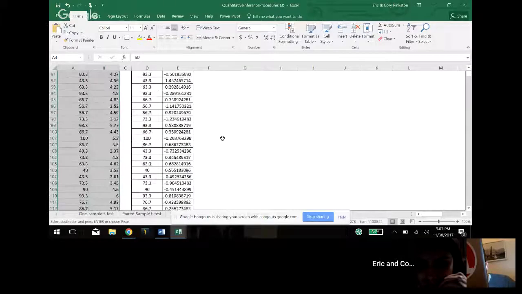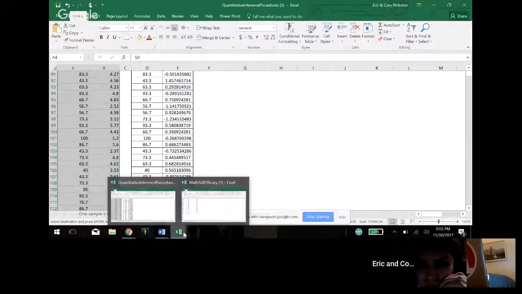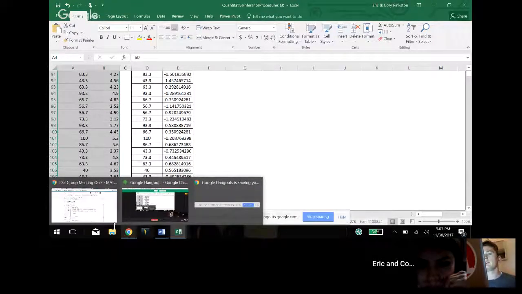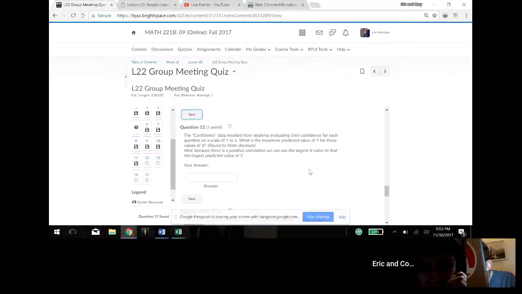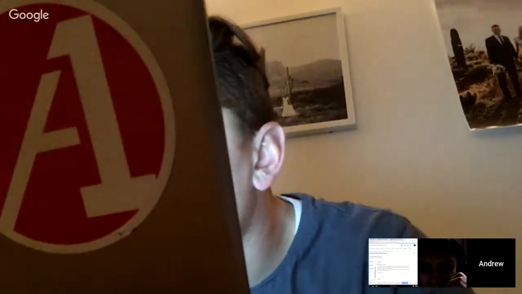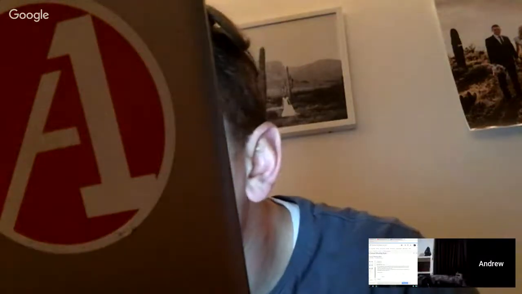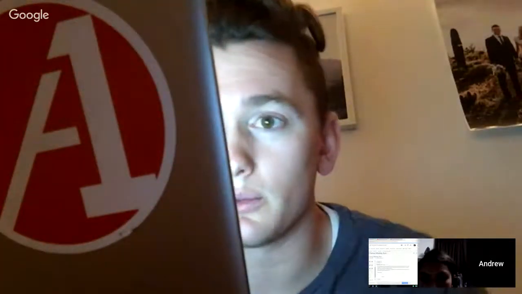Well, no. Did I have all the data in backwards? Well, that's what it looks like right now. Because it's asking what is the maximum predicted value of y for these values of x, and the y numbers I have are the low ones, the 1 through 6s.